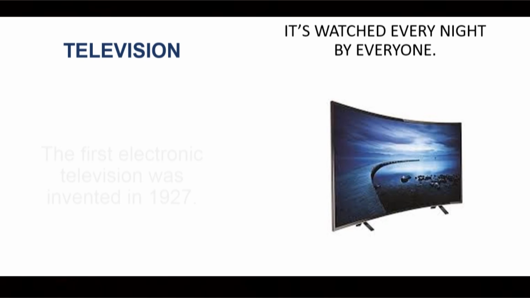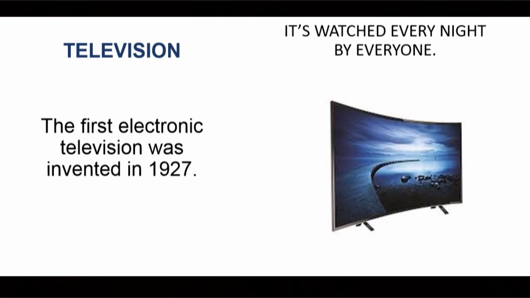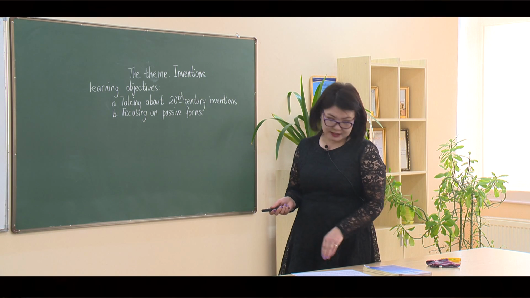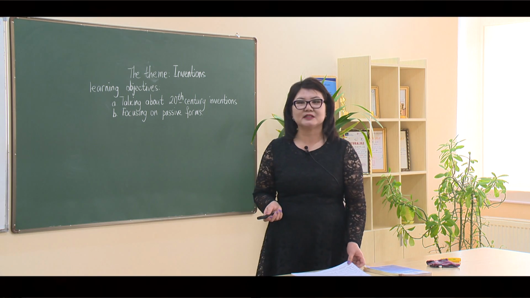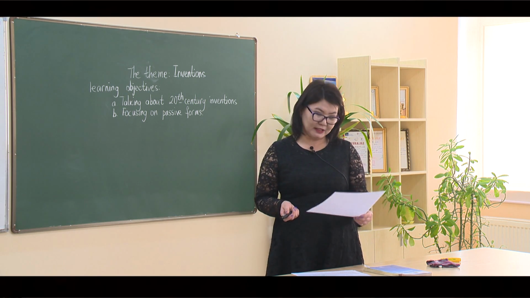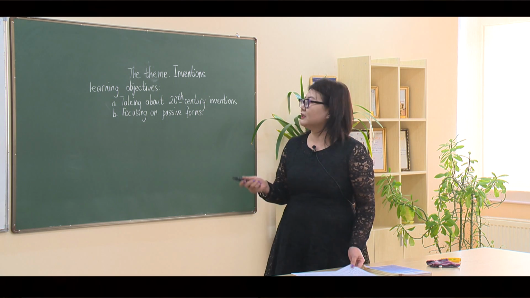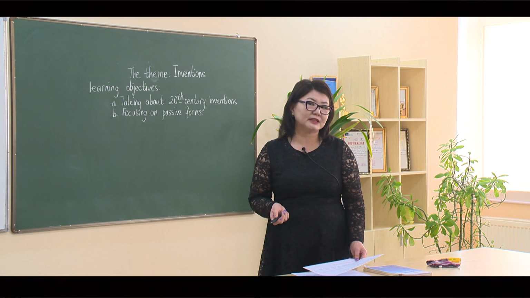What is it? Good job. It's a television. The first electronic television was invented in 1927. As you see, these devices are used in our everyday life, but we don't know who invented them.